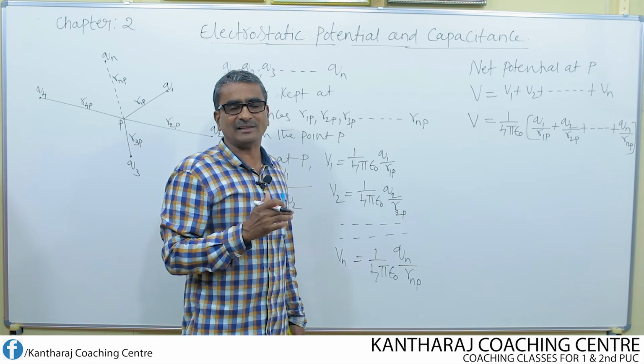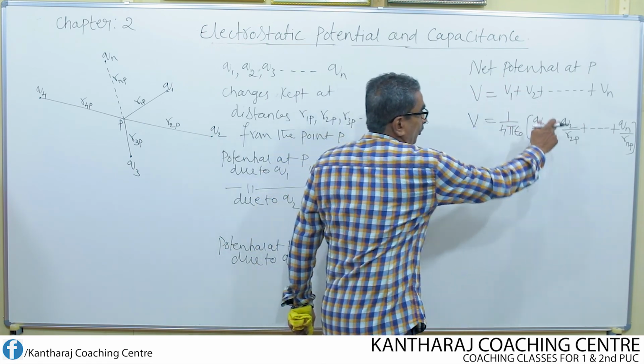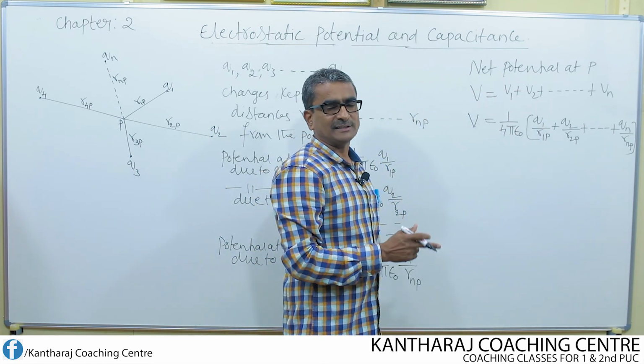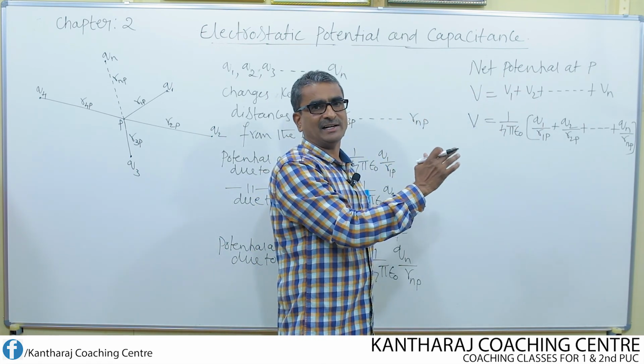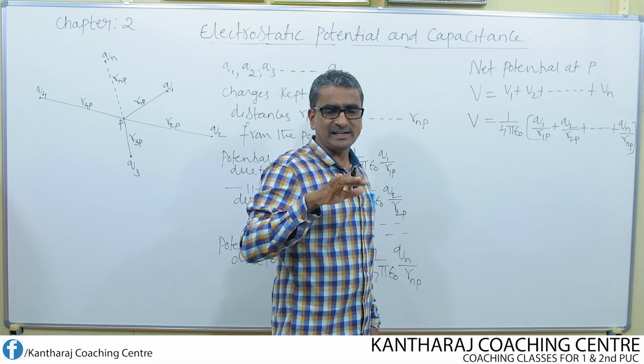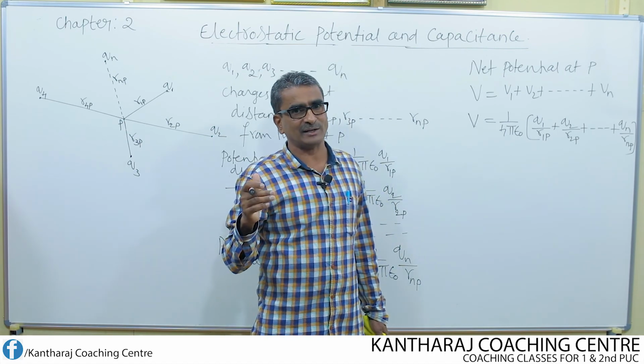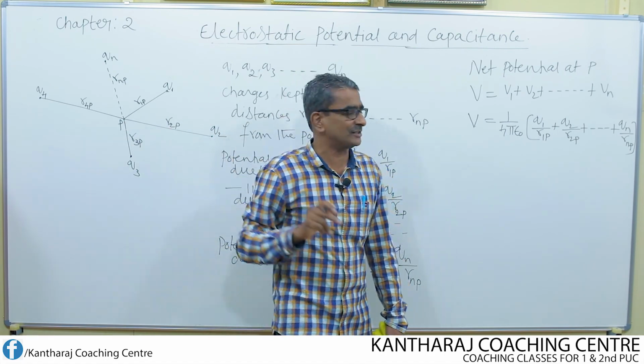You cannot add the electric field algebraically as we do in the case of potential. Since potential is a scalar, finding the net potential is easier than finding the net electric field due to a system of charges.